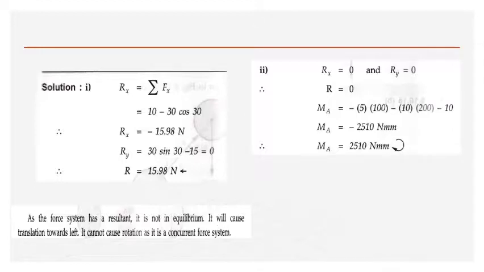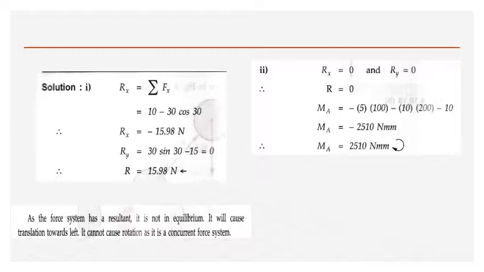So here when we find out, we get Rx as 0 and Ry also as 0. So the resultant is 0. But if we take the moment about any one point, then there are three moments. The 100 kilonewton force is producing the moment, that is 100 into 5, anti-clockwise.